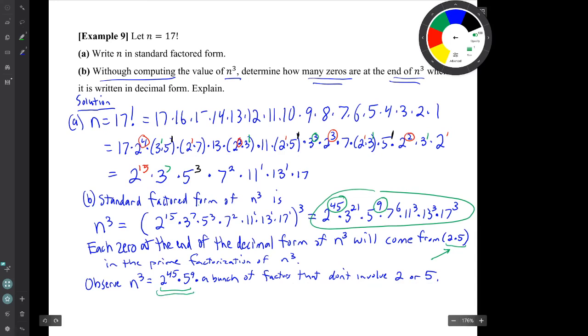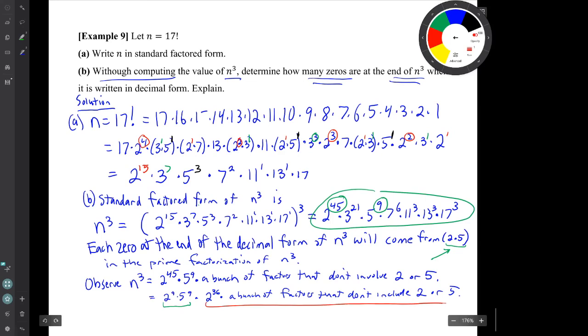Well, let's rewrite this some more. So we broke off some of the 2s, and so now we've got this sitting in front. 2 to the 9th times 5 to the 9th times all this stuff. So all that red stuff doesn't have any 5s in it, so that red stuff is not divisible by 10.